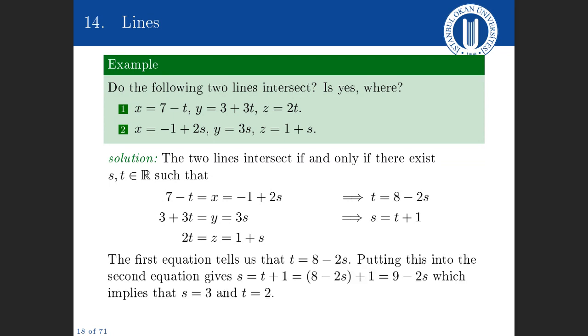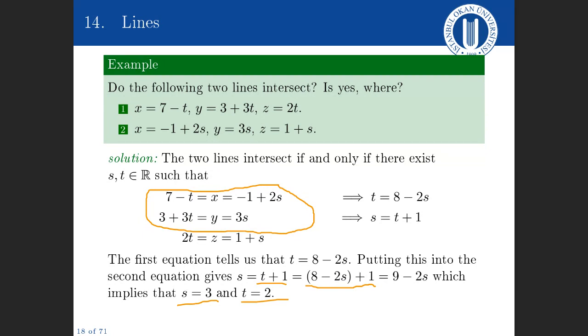If we put the first equation into the second one, in other words, if we replace t plus 1 by 8 minus 2s plus 1, we get 9 minus 2s, and the solution of that is s is equal to 3. After we know s, we know that t must be 2. So if s is 3 and t is 2, then the first two equations are true.